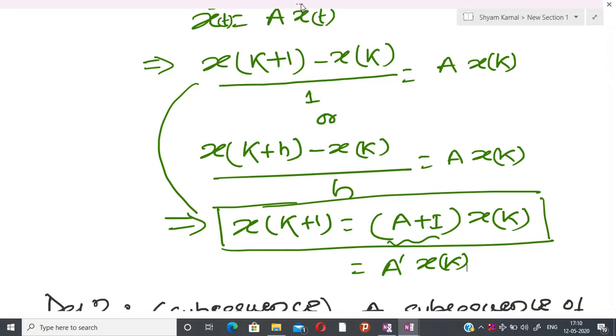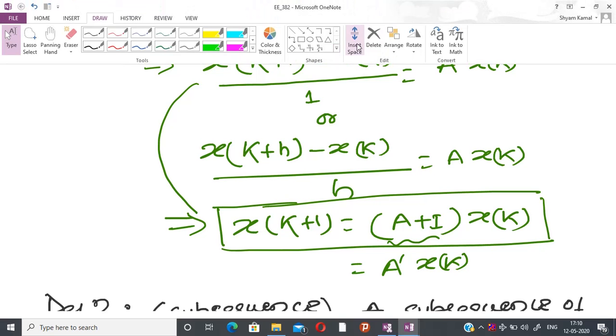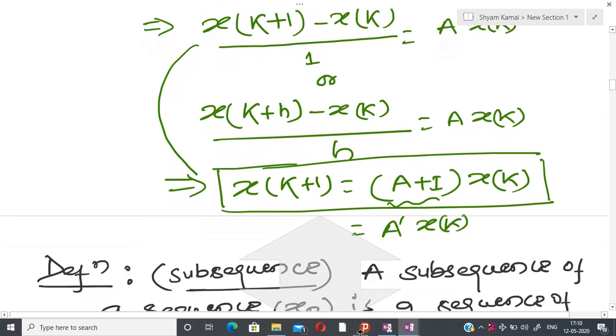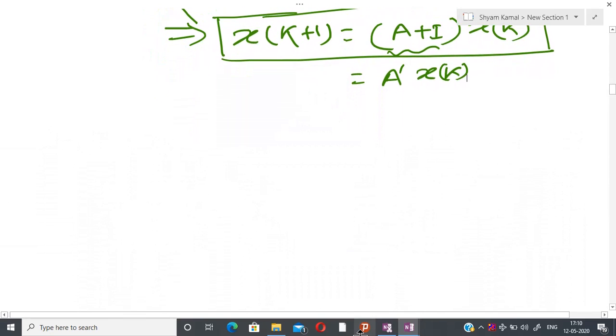Now suppose you are willing to do the analysis of this particular dynamical system, because this is the discrete approximation of the continuous system.